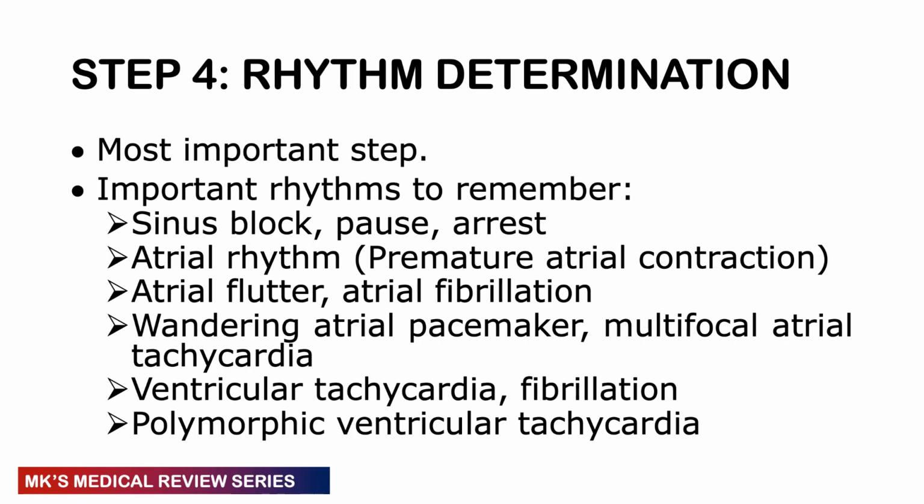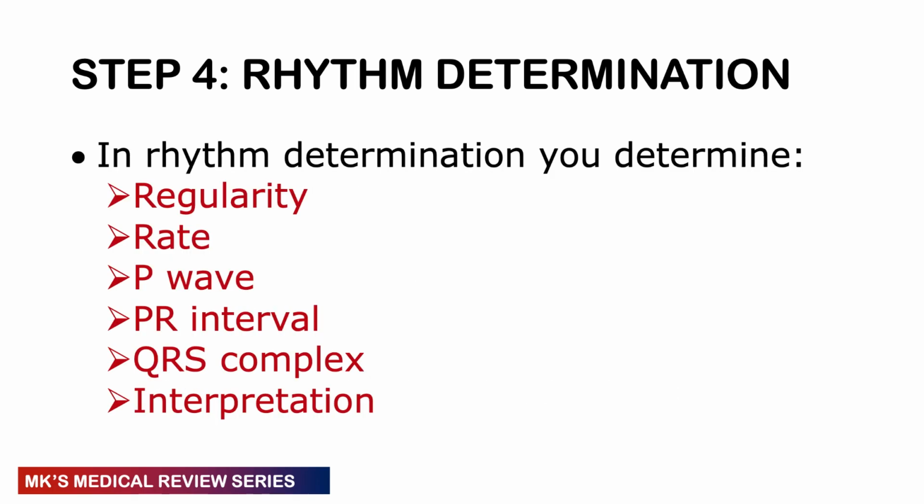Sinus block, sinus pause, sinus arrest, atrial rhythms like premature atrial contractions, atrial flutter, atrial fibrillation, wandering atrial pacemaker, multifocal atrial tachycardia, ventricular tachycardias, ventricular fibrillation, polymorphic ventricular tachycardia. Those are some of the important rhythms that you should be able to remember and pick up on your ECG and intervene in your patients.